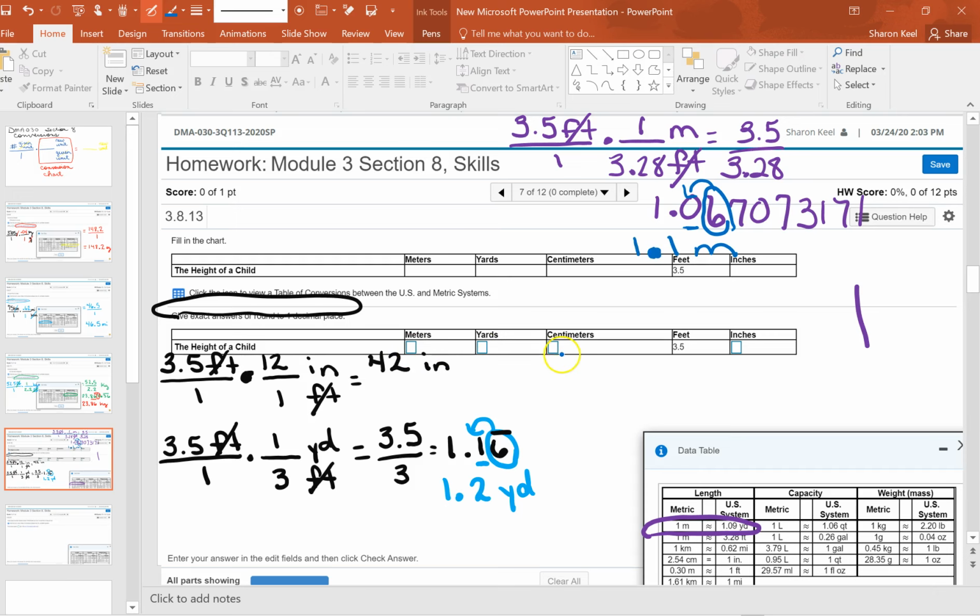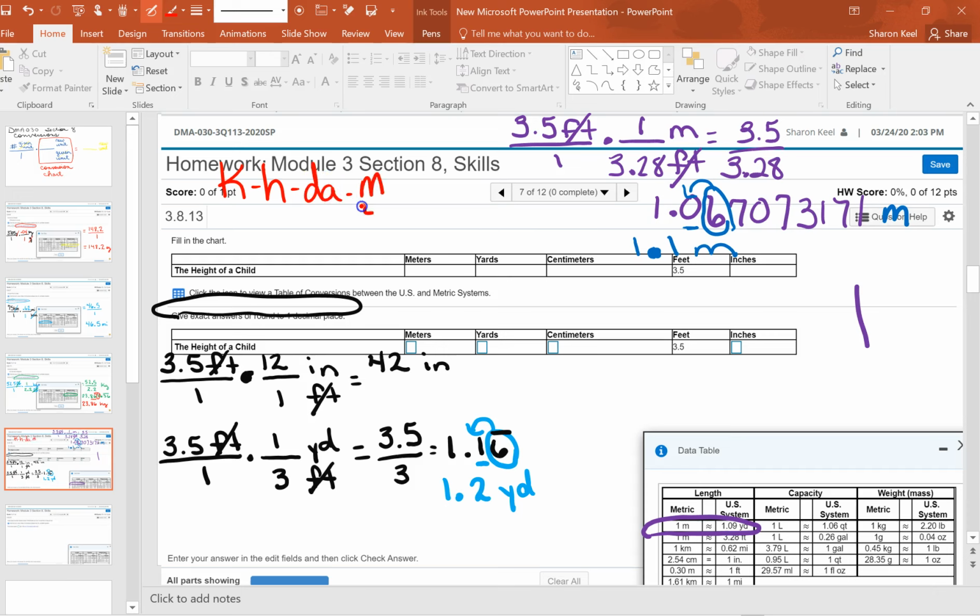However, there is another one that wants us to convert to centimeters. So if I take this number that's in meters and I want to convert to centimeters, if we think about our prefixes for metric, we have kilo, hecto, deca.